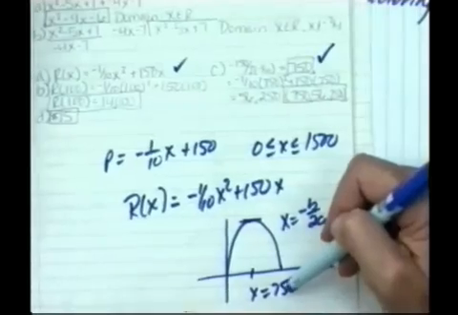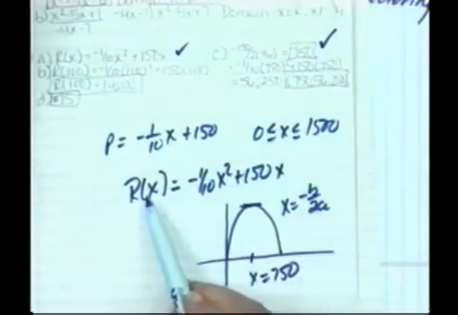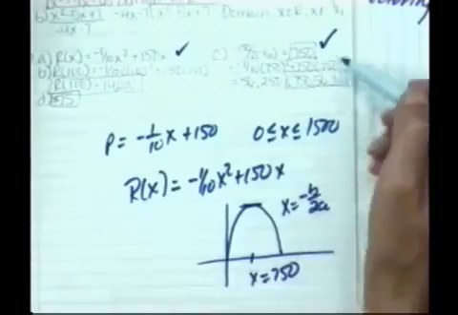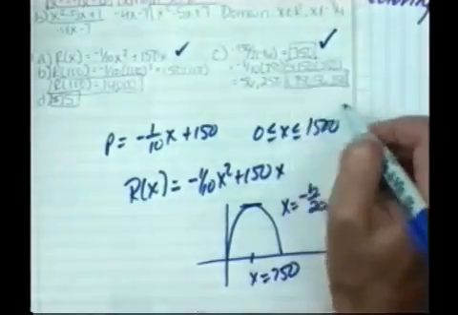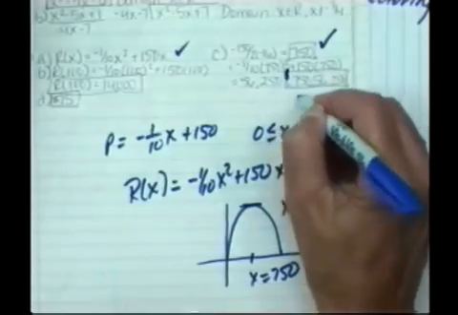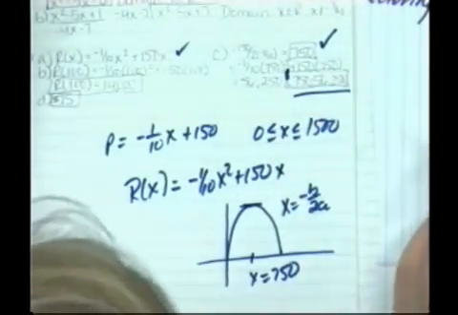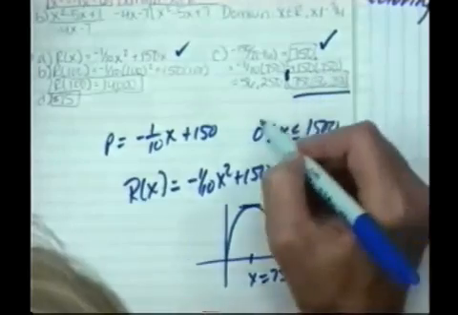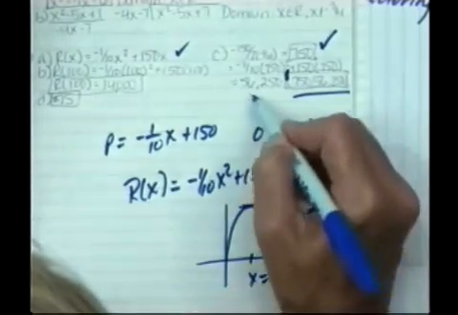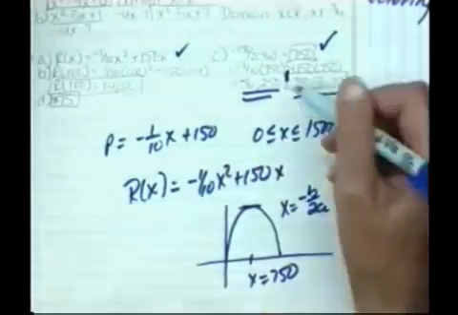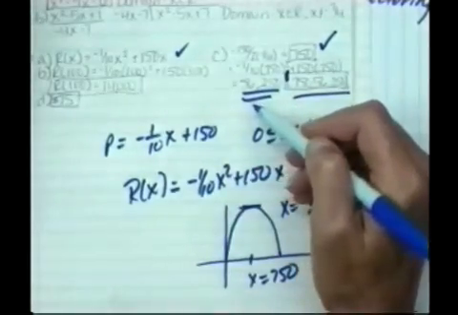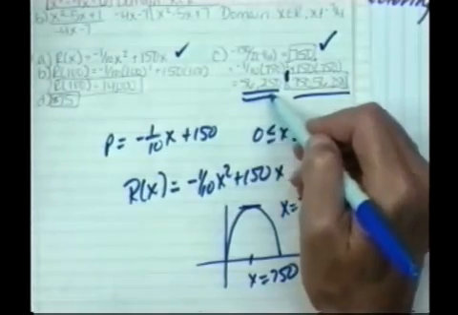So once you know x is 750, you just substitute back in for x, and all the arithmetic was done here, I assume correctly. Oh, here it is. You gave me the ordered pair. The maximum revenue is $56,250.